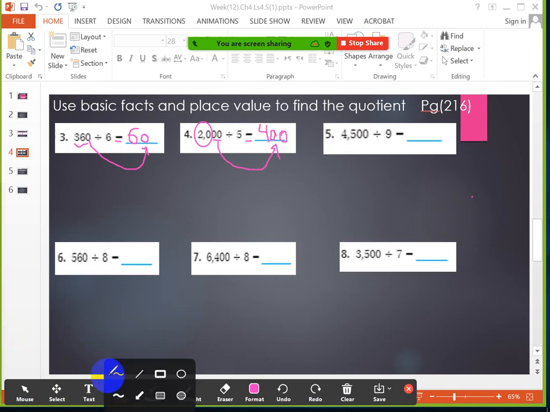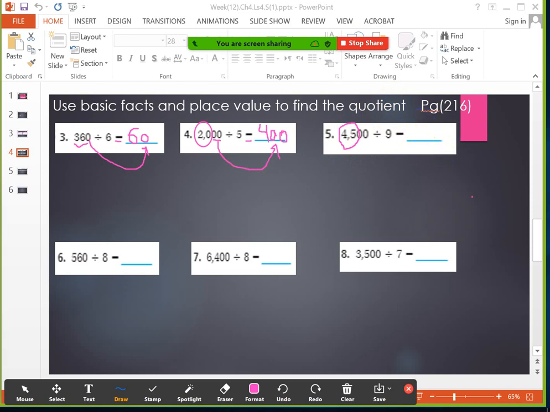Yes, Kinda, open your mic. Now, which number will I choose to divide by 9? We will choose number 45. 45 divided by 9 equals 5, so 500 because of the zeros.